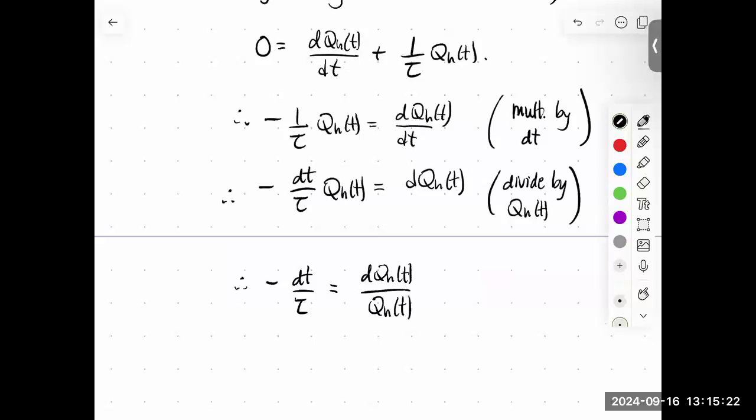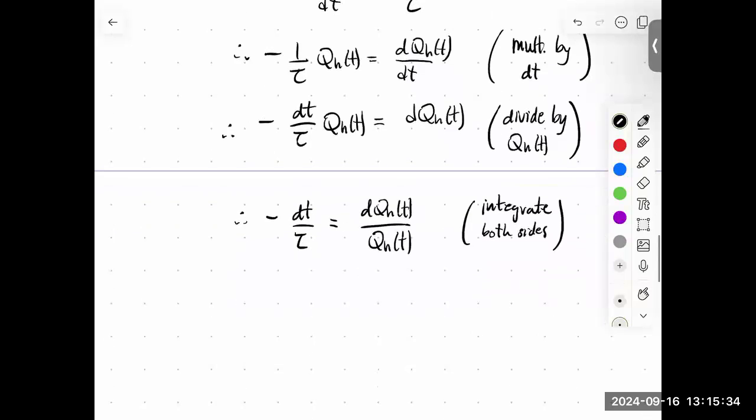All right. Now what we'll do is integrate both sides. So we're going to have the integral of minus dt over tau is equal to the integral of dQH divided by QH.